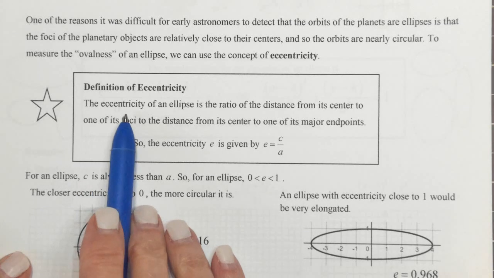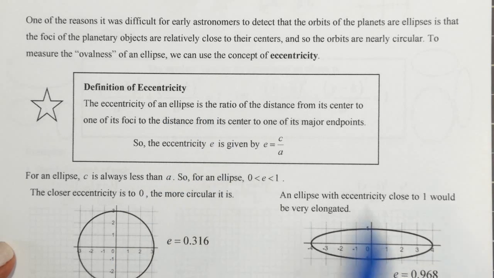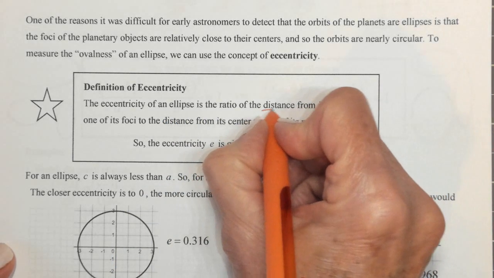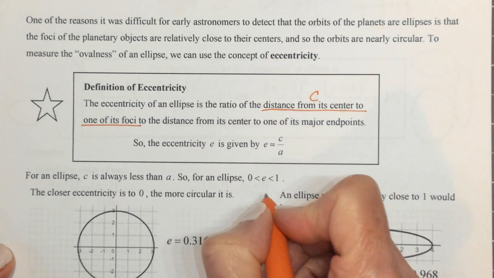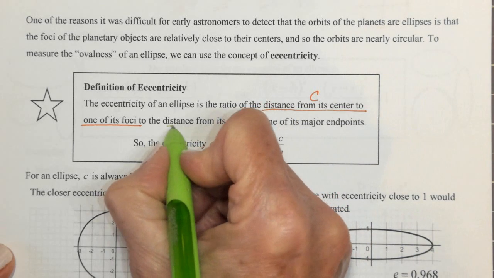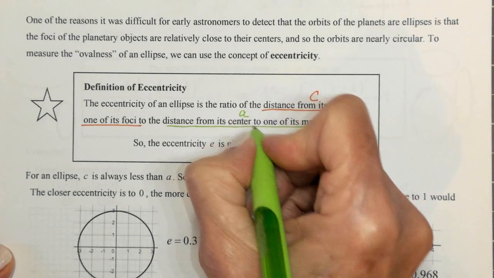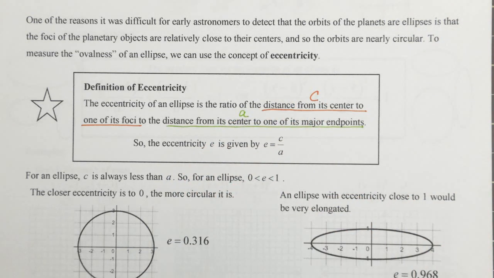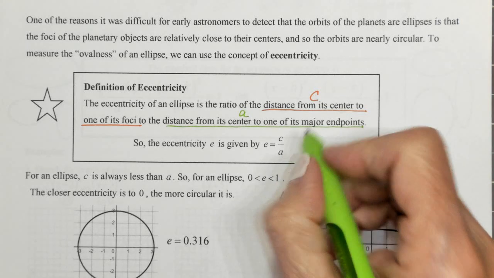The eccentricity of an ellipse is the ratio of the distance from the center to one of its foci, that's our little c, to the distance from its center to one of the major endpoints, that's a. So eccentricity is the fraction c over a.